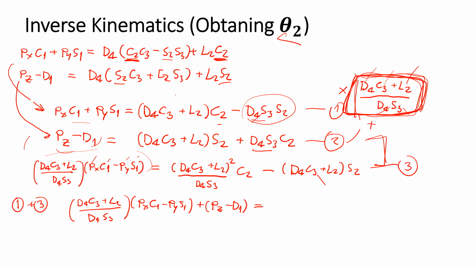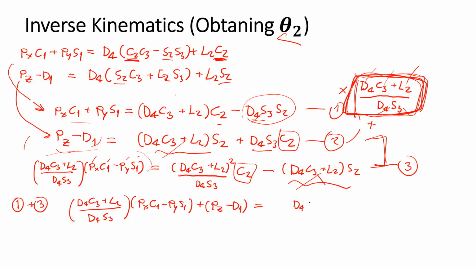For the right-hand side, we can cancel the plus and minus, and we still have only C2 available from these two terms.